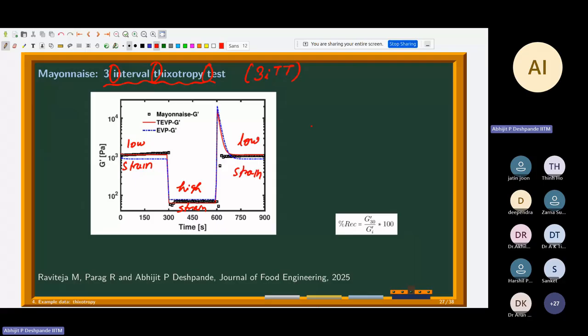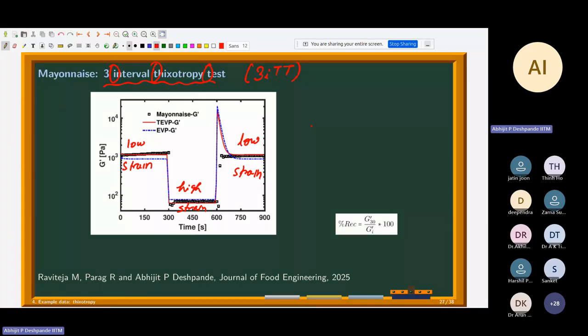And of course, these graphs are also showing the model itself. Since I've already mentioned this is thixotropic, elastic, viscoplastic, the model has to incorporate all these features for us to be able to capture it.